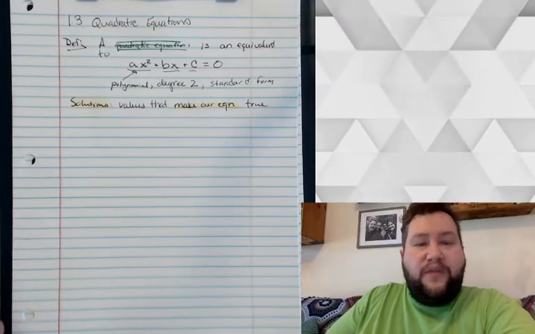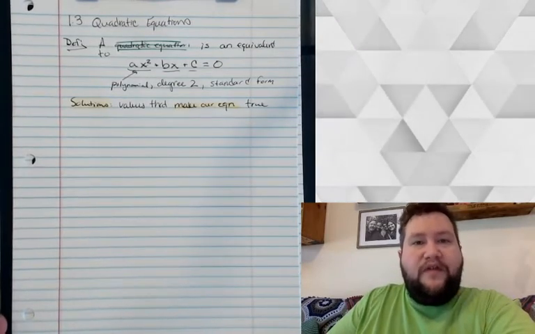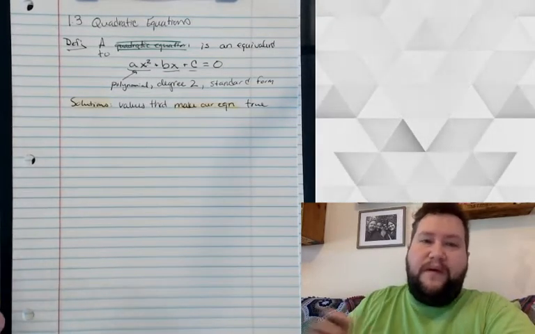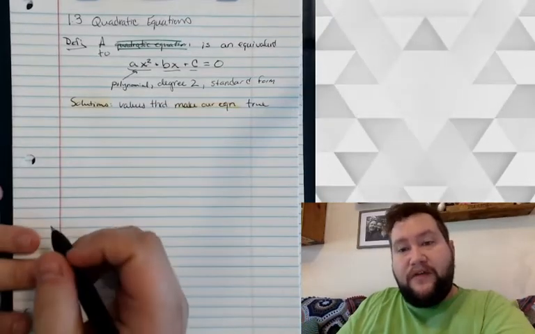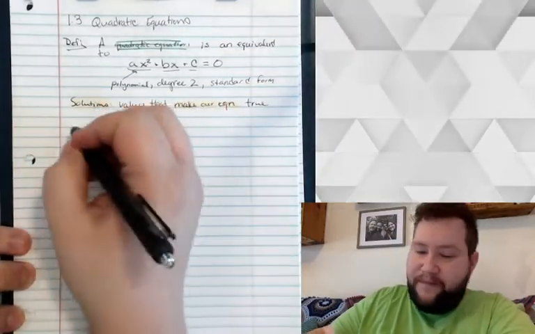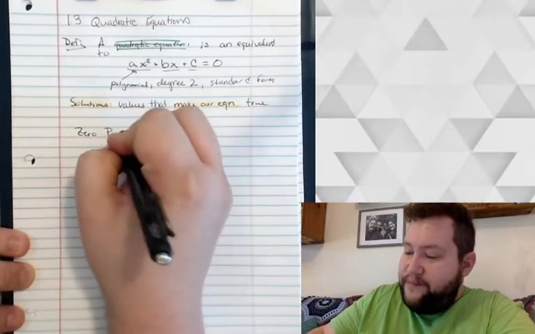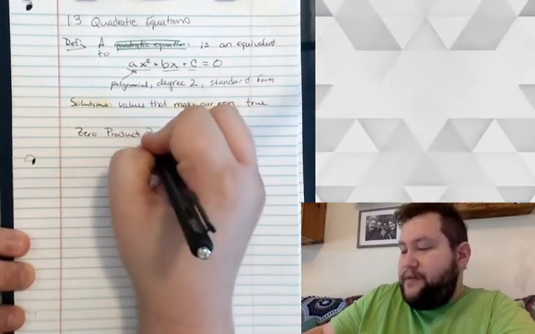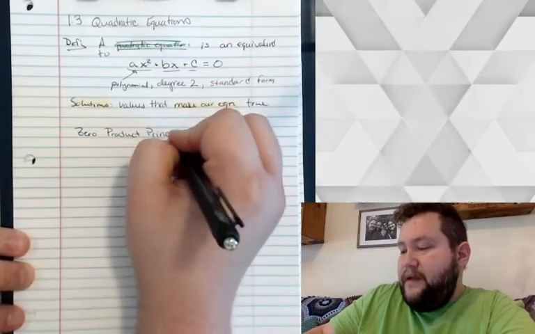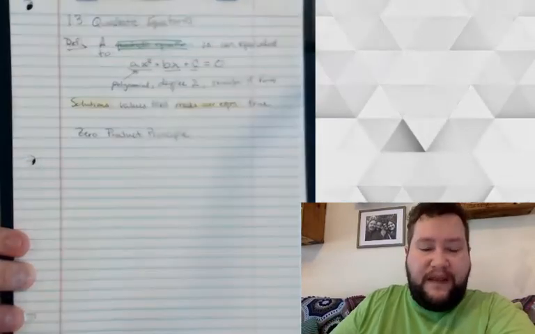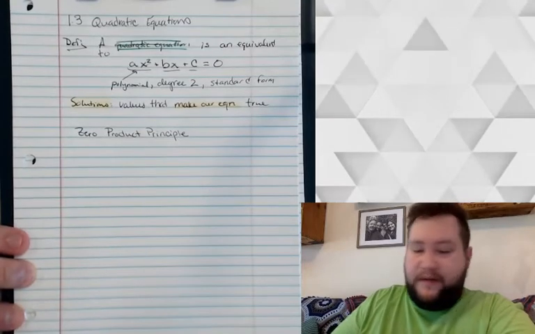Now I'm going to reintroduce something you may not have heard called this before, but we used it when we were factoring in our review sections. This is called the zero product principle. It's a fancy name for something that I think you'll find is rather intuitive.